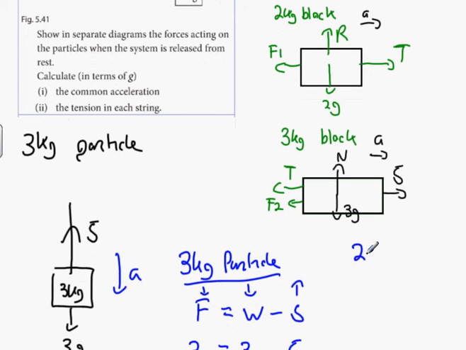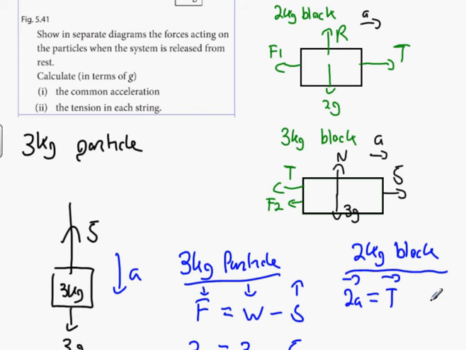So for the 2 kilogram block, what do you think we're going to do here? F, which is equal to MA, equals 2A. 2A is going to the right. What other force is dragging it to the right? Look in this picture here. T drags it to the right.